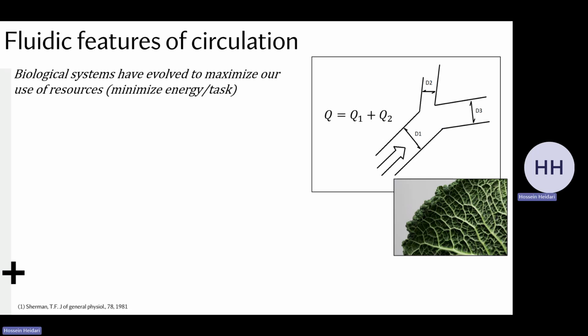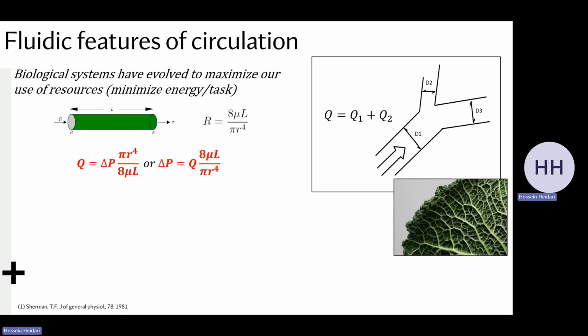A lot of our derivations start from this. And we also use the resistance that we had before. If I just expand it, that's ΔP over Q, and that's the R factor there. So RQ is equal to the pressure difference. Nothing new so far.